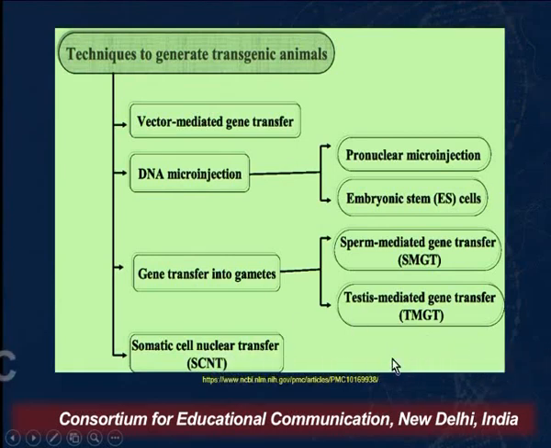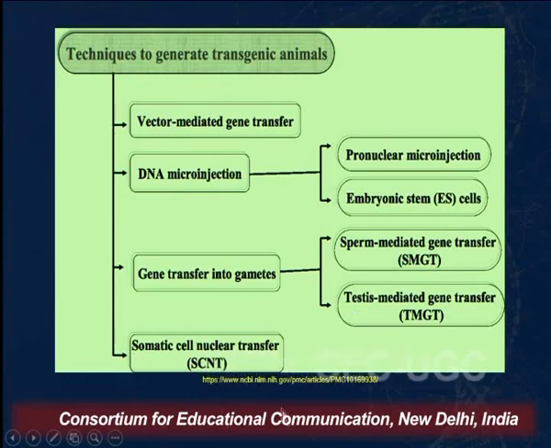Then there is some other method in which the gene transfer is directly into the gametes. So there is sperm-mediated gene transfer, or there is testis-mediated gene transfer. So we will also talk about these, where the transgenic vectors are directly transferred into sperms, or they are transferred into testicular regions where the sperms are produced, so that transgenesis can occur.